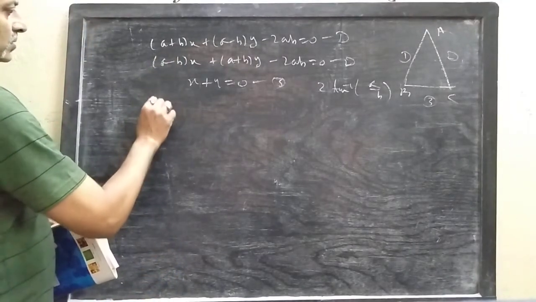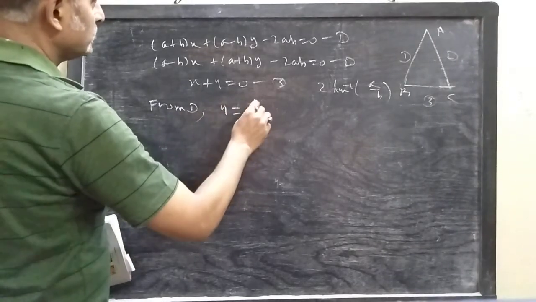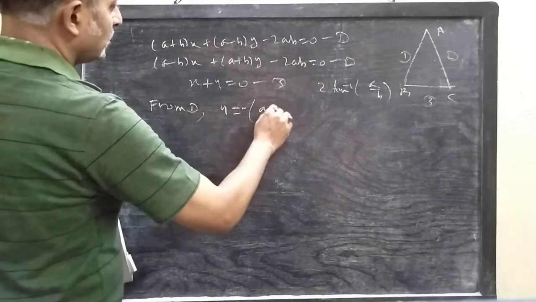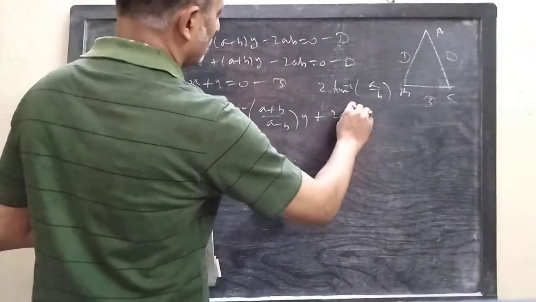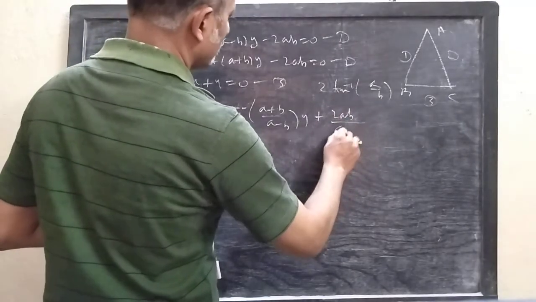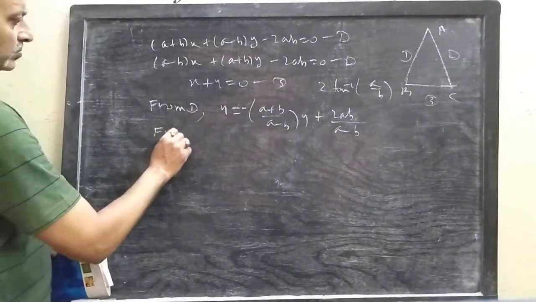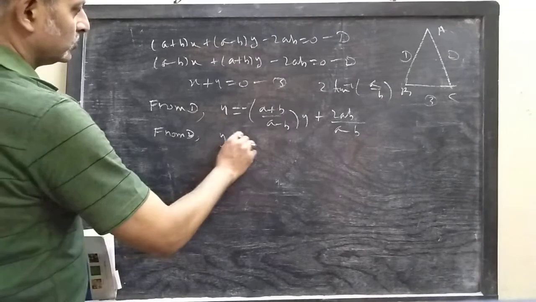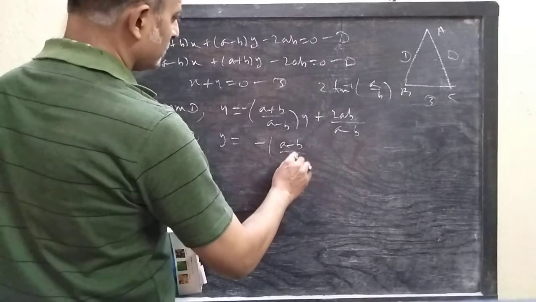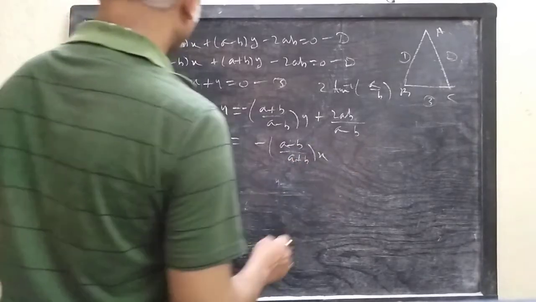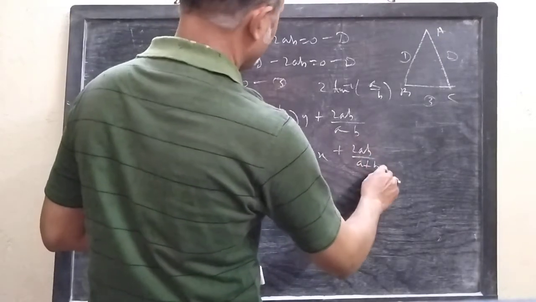From 1, we have y equals minus (a plus b)/(a minus b) into x plus 2ab/(a minus b). From 2, y is minus (a minus b)/(a plus b) into x plus 2ab/(a plus b).